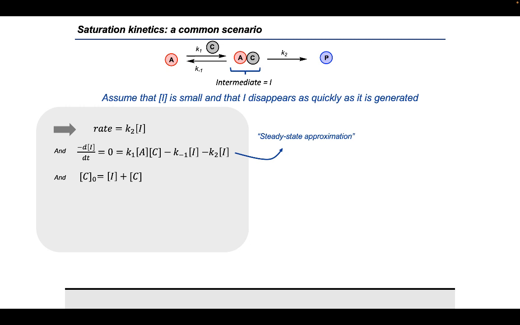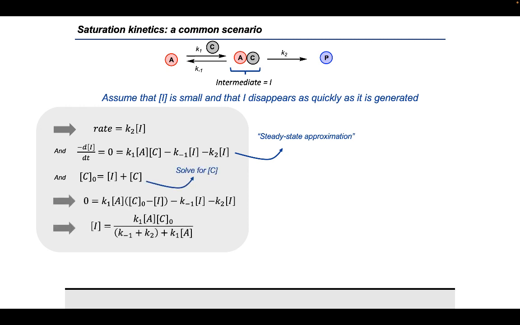Now here we could simply solve for the concentration of I, but we'd be left with an expression that's in terms of the concentration of catalyst C. And again, we can't measure that directly, because the concentration of catalyst C feeds into a larger expression. The initial concentration of catalyst C is actually the sum of the free catalyst C as well as the concentration of the intermediate I.